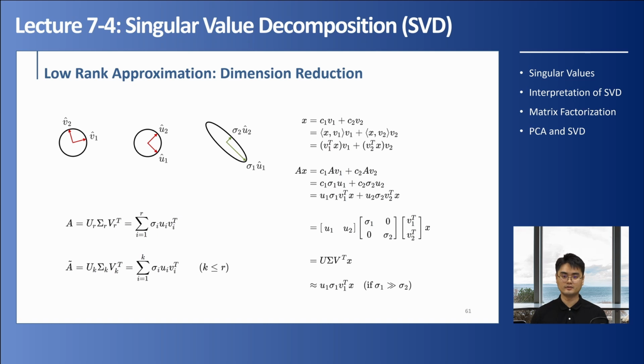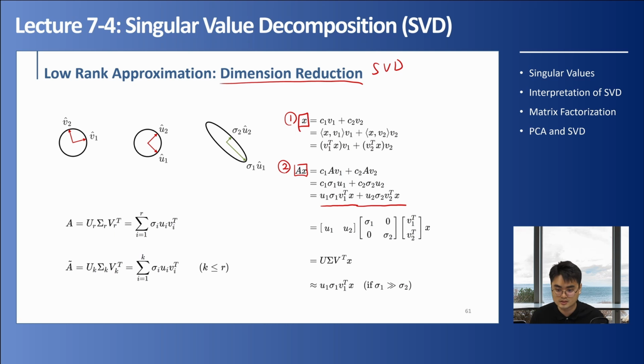So finally, now let's also talk about dimension reduction using singular value decomposition. Firstly, let's imagine that we have some vector x. And let's say that we are doing some linear transformation using our matrix A. And if we write this, we're going to get some equation like this one: U1 sigma 1 V1 transpose x plus U2 sigma 2 V2 transpose x.